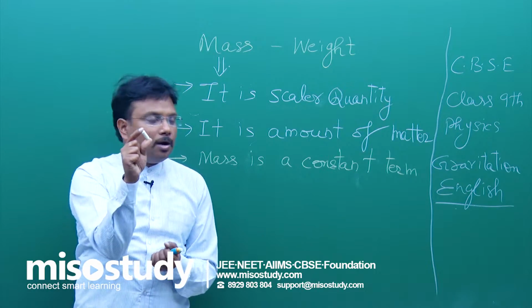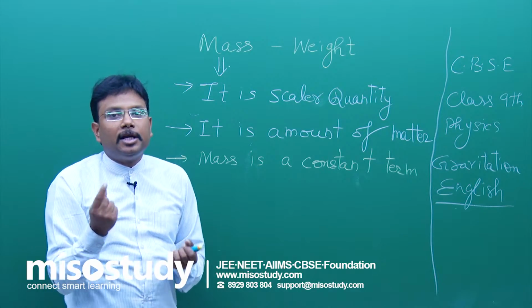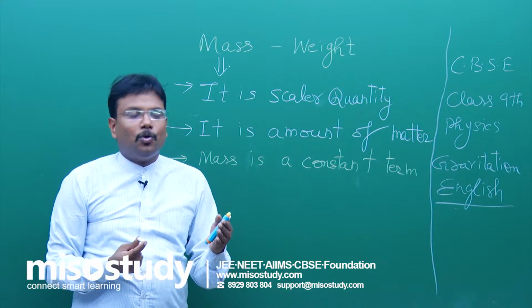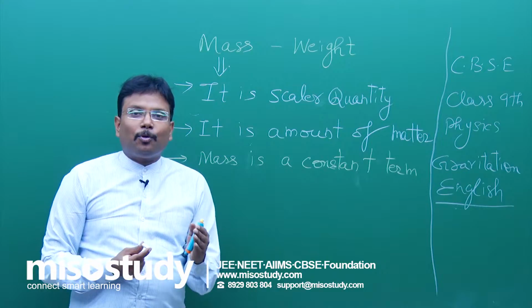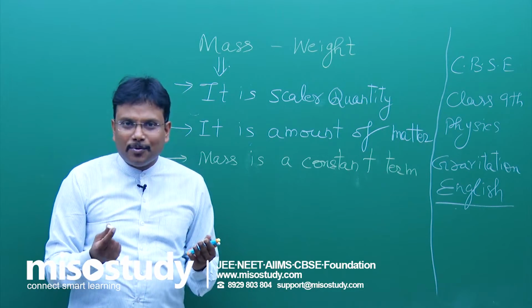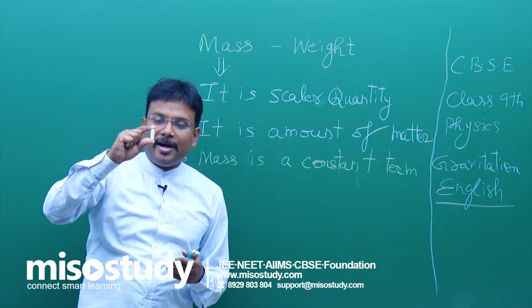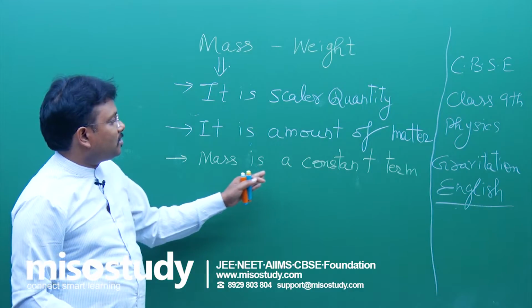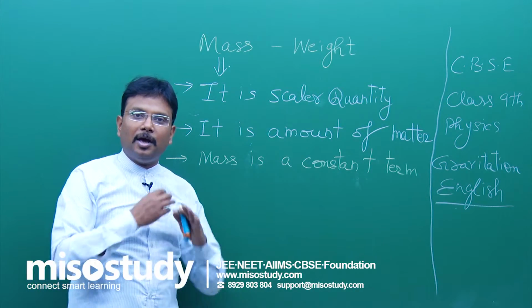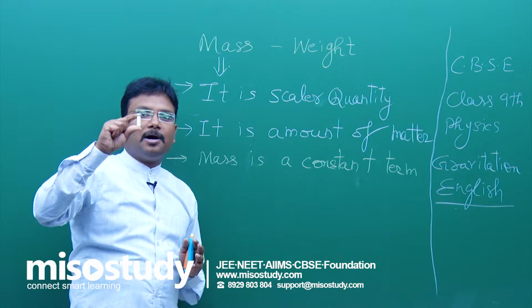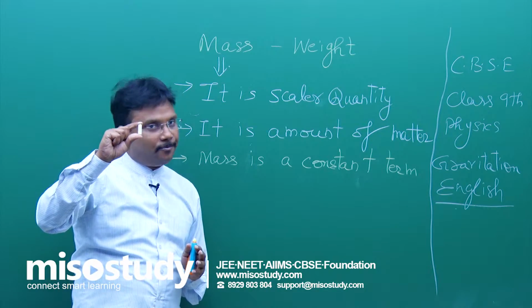Everywhere this amount of matter, quantity of matter, or you can say electrons, protons and neutrons, atoms, molecules, will remain the same. Fine. So this is the idea of mass. So mass is a constant term. Everywhere in the entire universe this chalk's mass is going to remain the same.